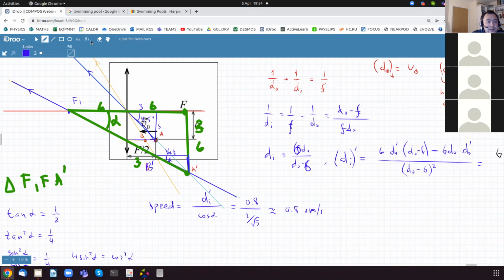If the image of the ant is moving like this, and we know this component, and we know the angle, we can work out the original speed. Yeah, if we know Vx, we can find V. So V is Vx divided by cosine alpha. I see now.